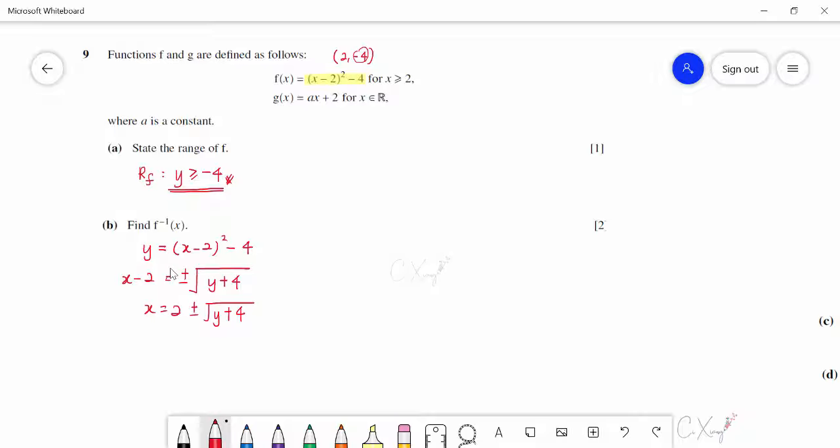From here, you can see that there are two functions. One function is 2 plus something, another one is 2 minus something.